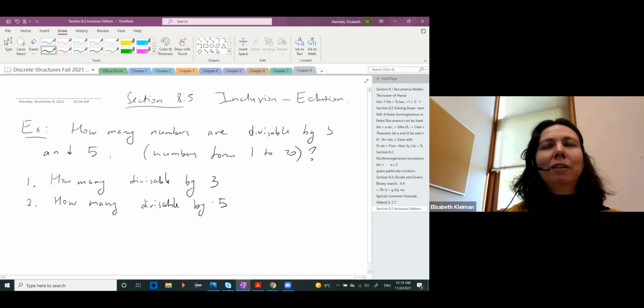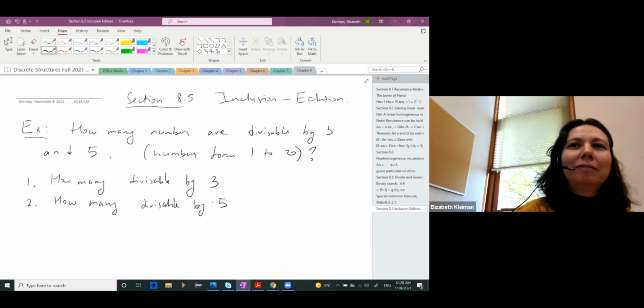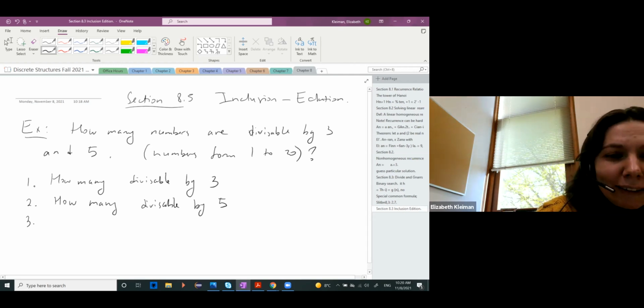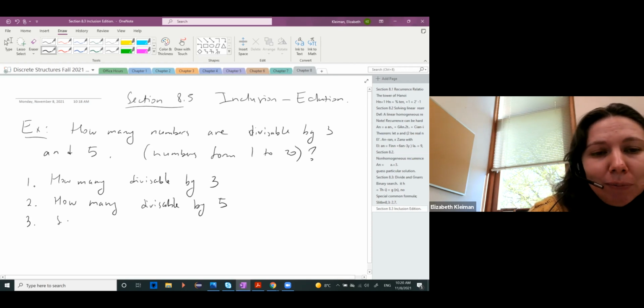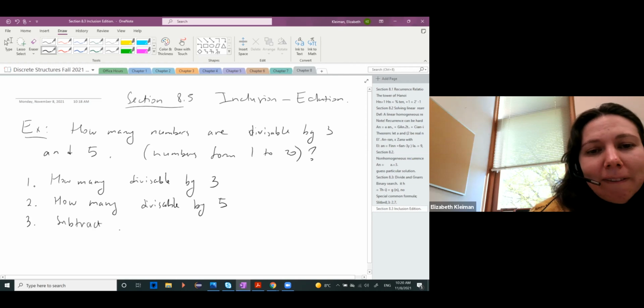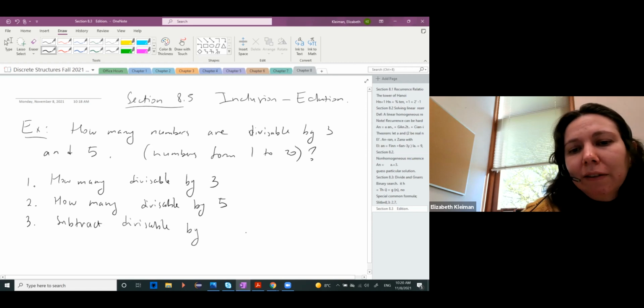Okay, why no? What else should I do? Correct. Some are divisible by 3 and 5. So we double counted shared ones. So we need to subtract those divisible by 15, correct?